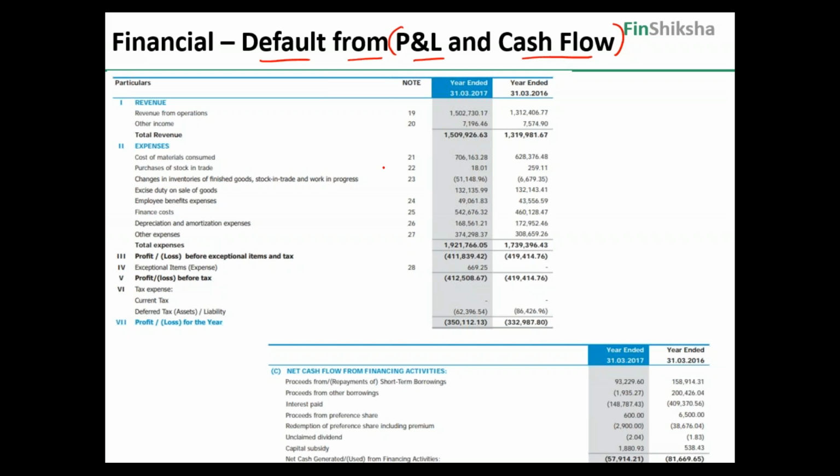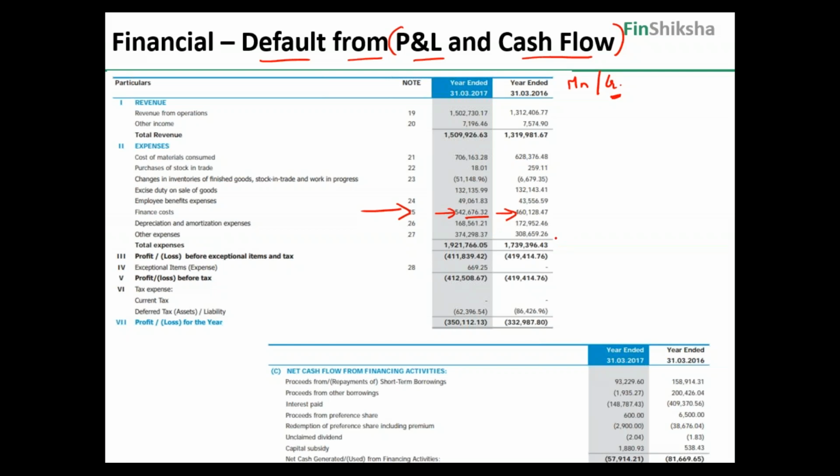A very neat example: finance cost, which is mentioned over here, the amount in lakhs. Finance cost is 5 lakh million, let's assume that, and finance cost last year was 4.6 lakh million.